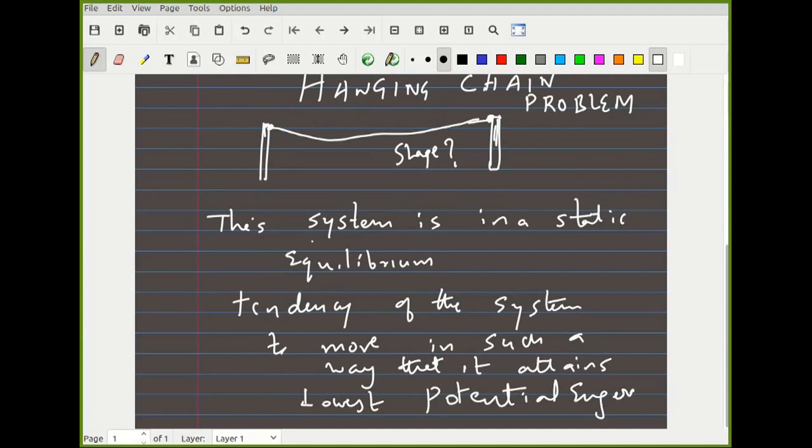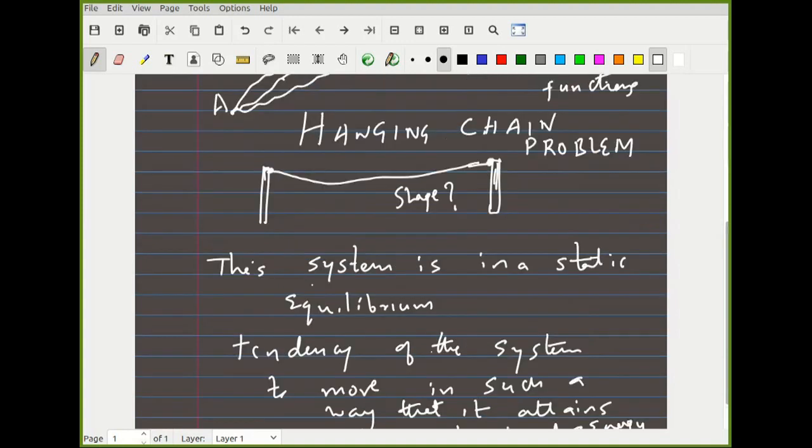Given this kind of problem, we can place it in the context of calculus of variations, because the length being constant means that it's a constraint in the system, and we are trying to get hold of the potential energy, and through that potential energy we have an integral.